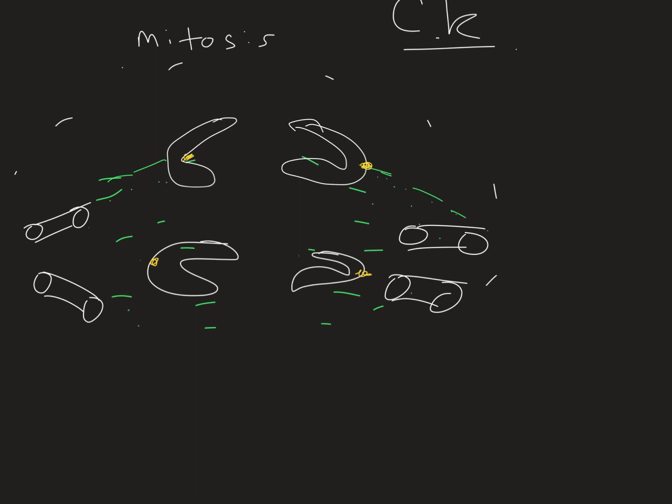Remember that this again is big A from mom and big B, and this was a sister chromatid, so this is big A and big B, and of course this was little a and little b, and this was little a and little b.